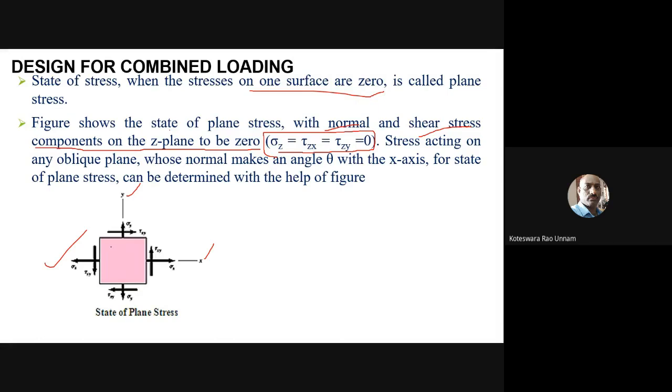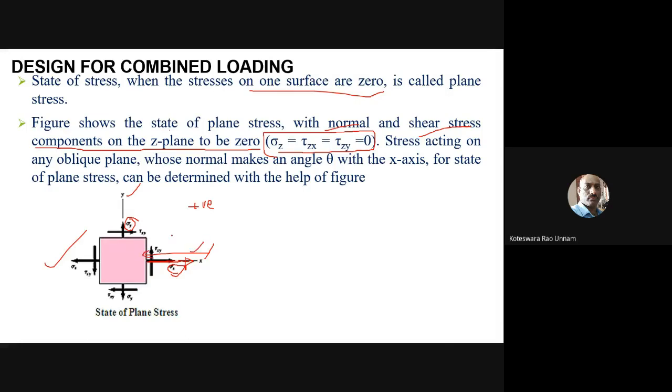Also, one more point here is that the sign convention is very important. There is no issue with sigma x and sigma y, because if sigma x is tensile, you take it as positive. That means if it is pointing away from the body, we take it as positive, or if it is acting towards the body, we take it as negative.